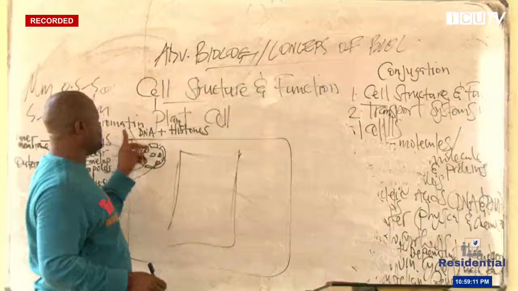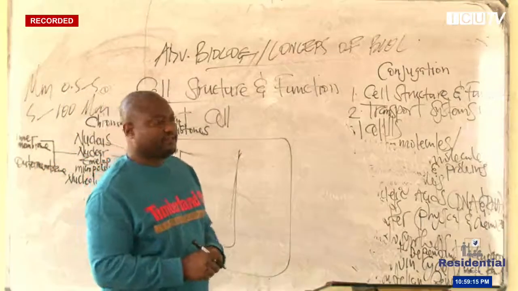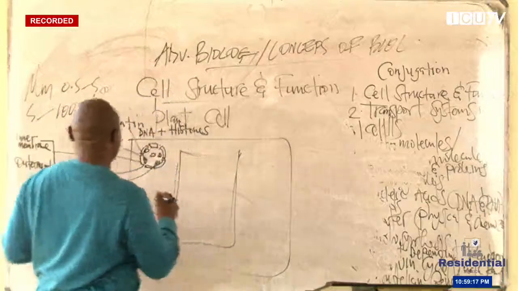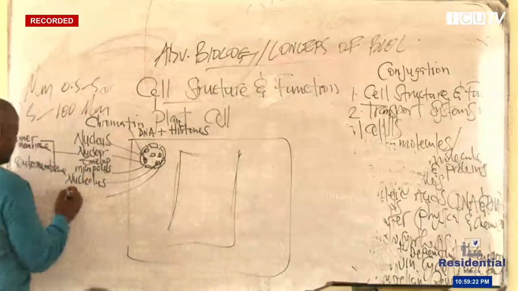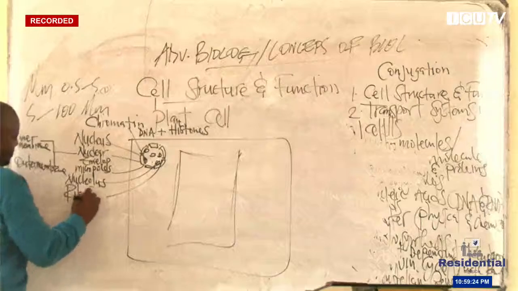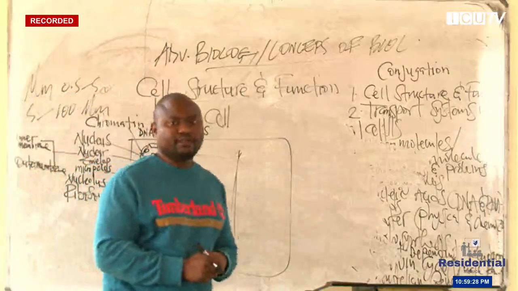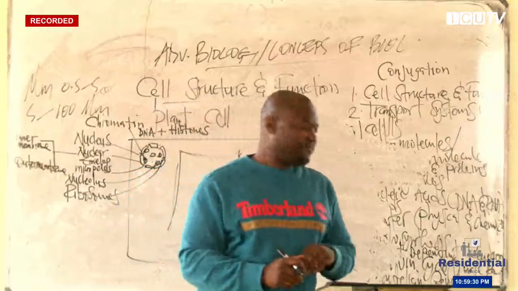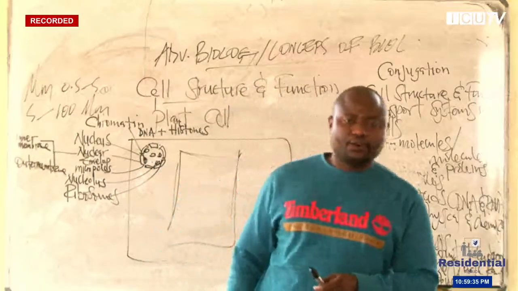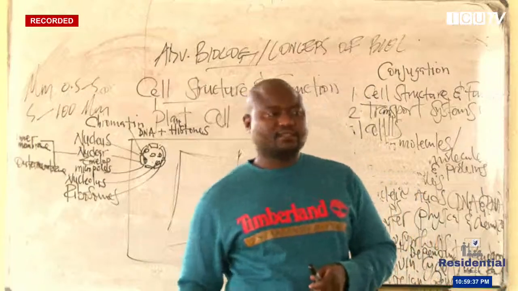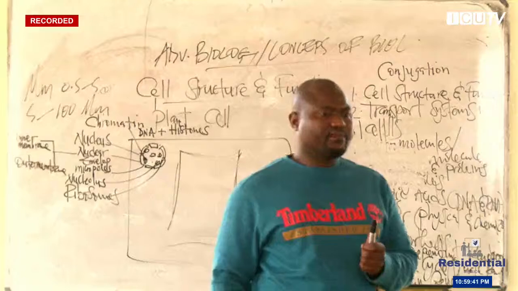So chromatin is DNA plus the histones. And we cannot go without talking about the same ribosomes. I mentioned earlier the function of the ribosome is to synthesize protein. So protein synthesis is the core function of the ribosomes.